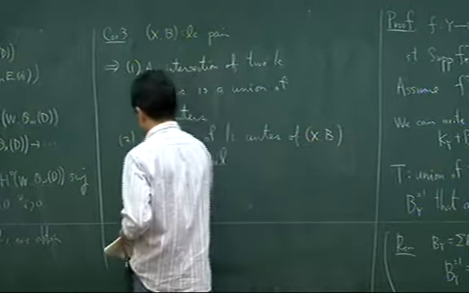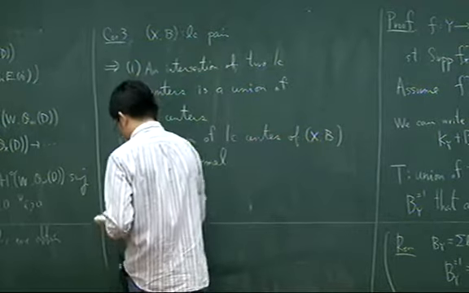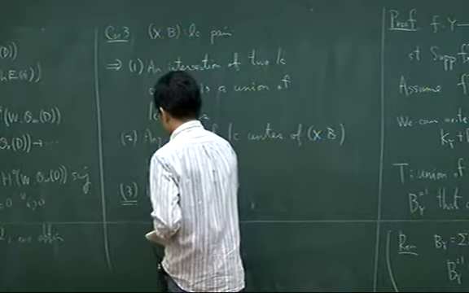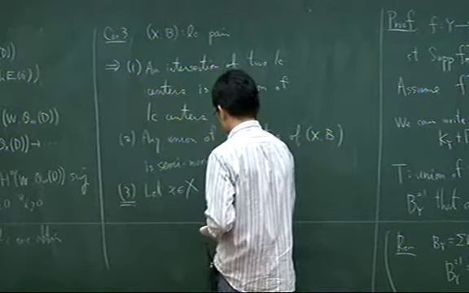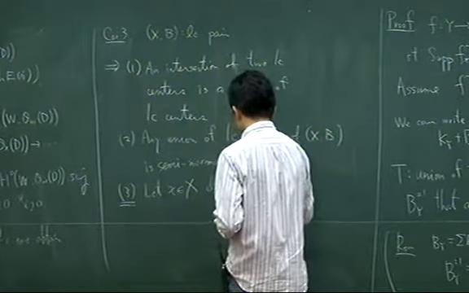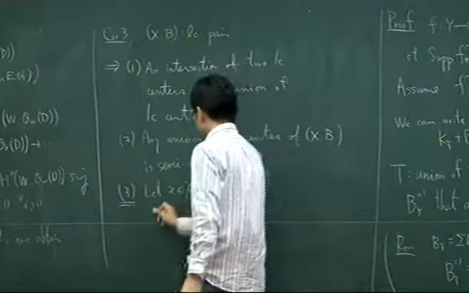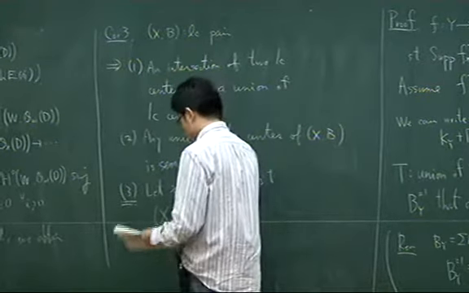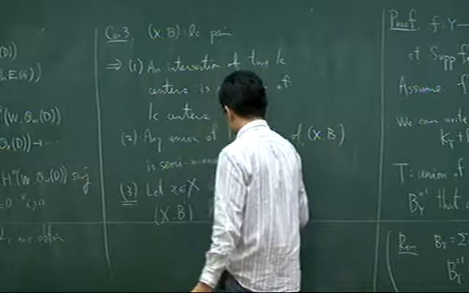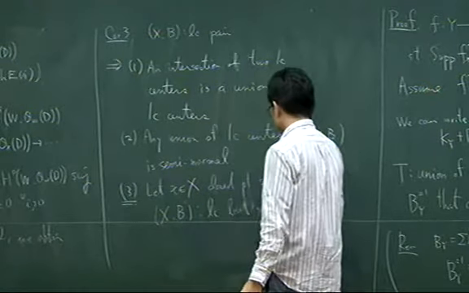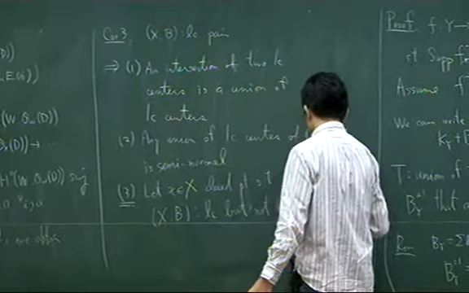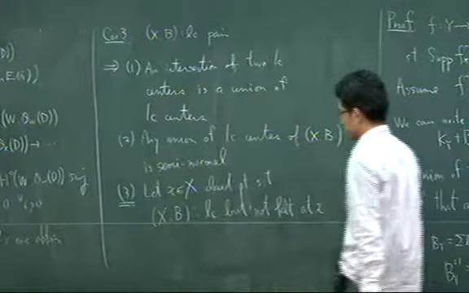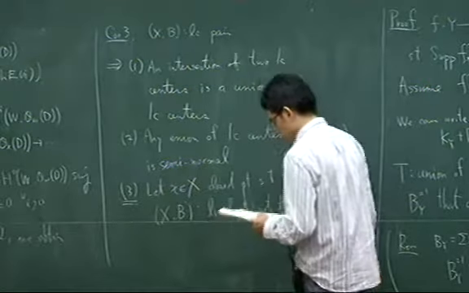Okay, and the third one, the most important one. Let x be a closed point, such that (X, B) is log canonical but not KLT at x, so some LC center passes through x.